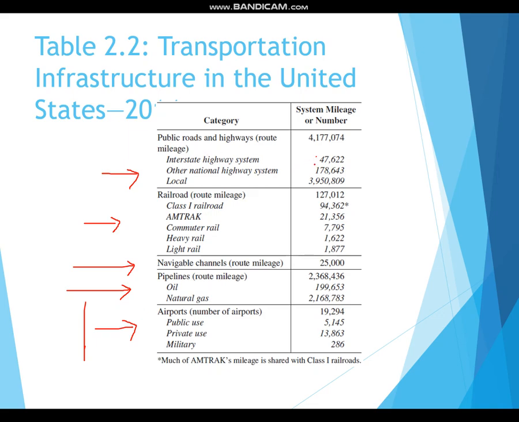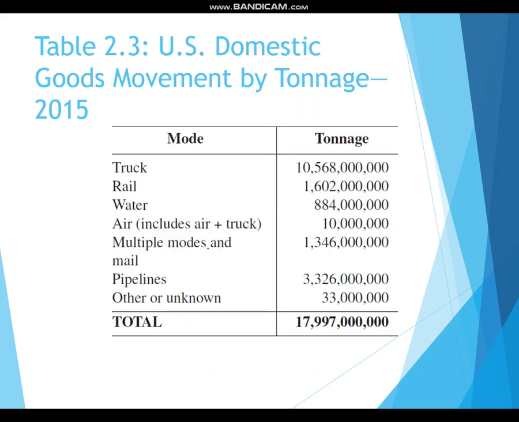You can see the mileage of your interstates is not as much compared to other local roads. However, it carries 20% of person travel. Now we talk about freight movement, or goods. You can see trucks have a huge amount of tonnage.